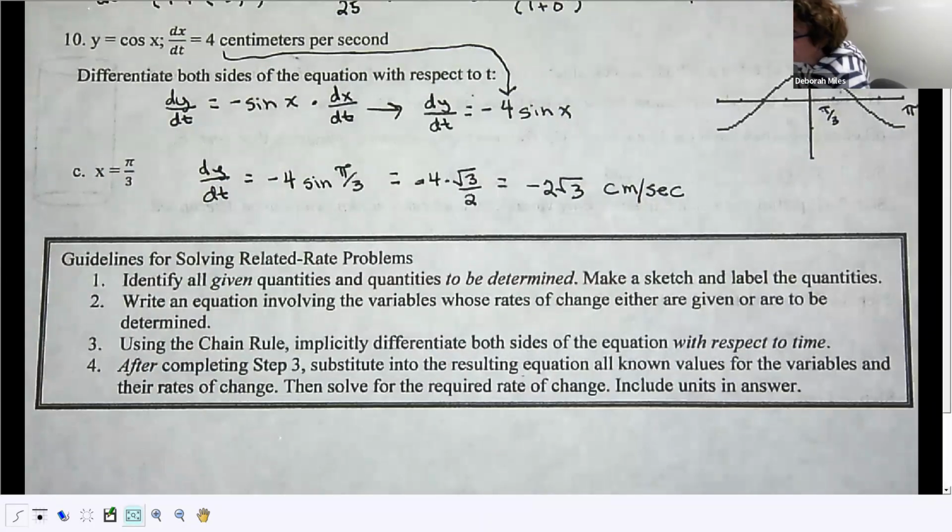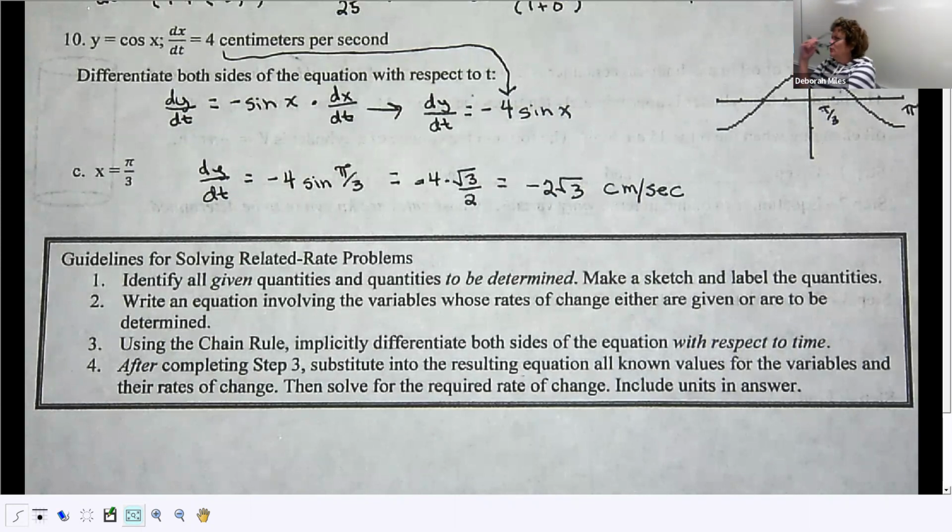Maybe the problem is air leaking out of a balloon, and we're given how fast the radius is changing. We want to know how fast the volume is changing. The volume would depend on the radius, right? The smaller the balloon, the less air is in it. And both of those quantities depend on how long the air's been leaking out.